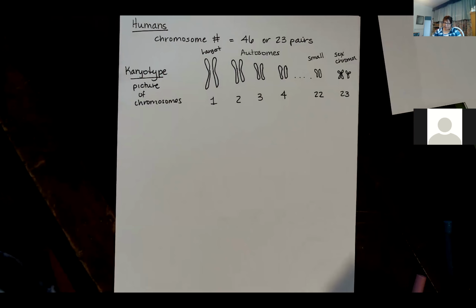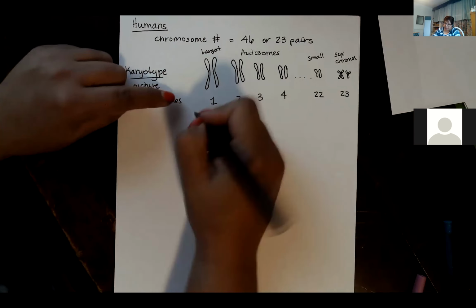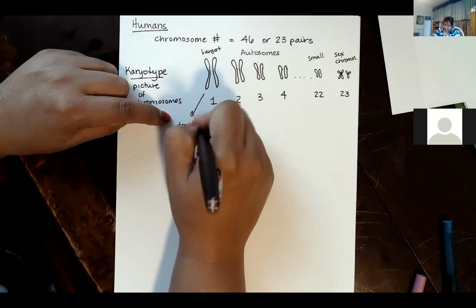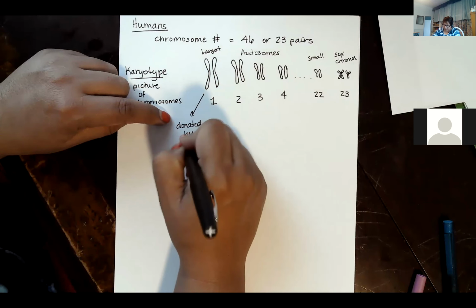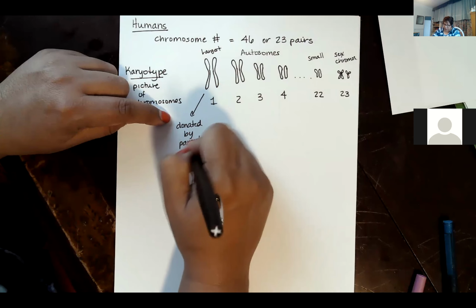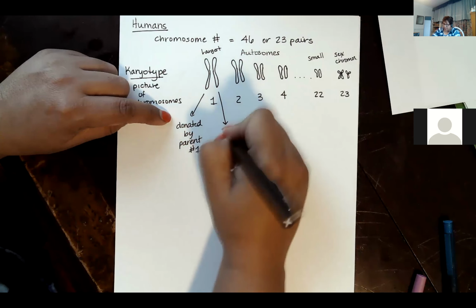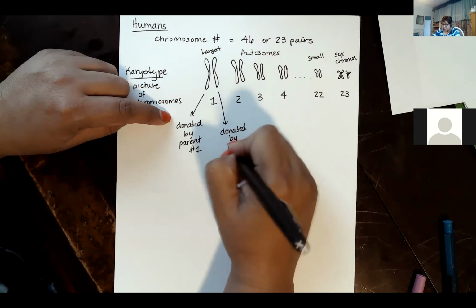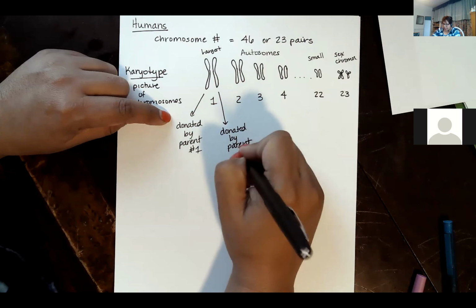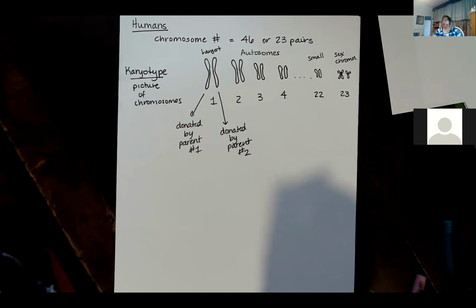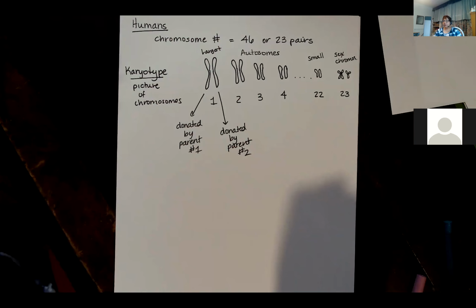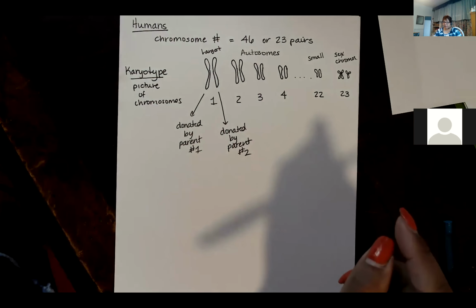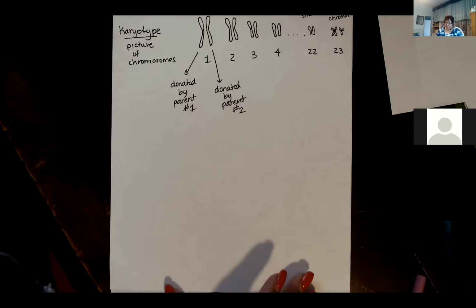The reason they come in pairs is because one was donated by your mom and the other one was donated by your dad. So this is donated by parent number 1, and this is donated by parent number 2. Literally, your DNA is a combination of your parents. For every single pair, one came from your mom, one came from your dad.